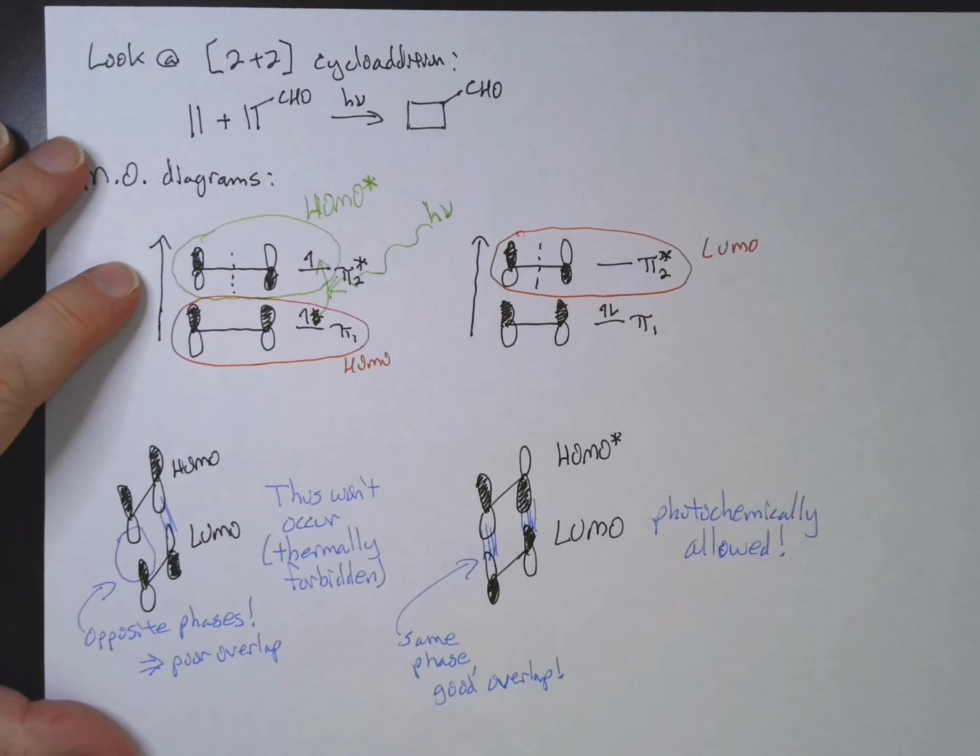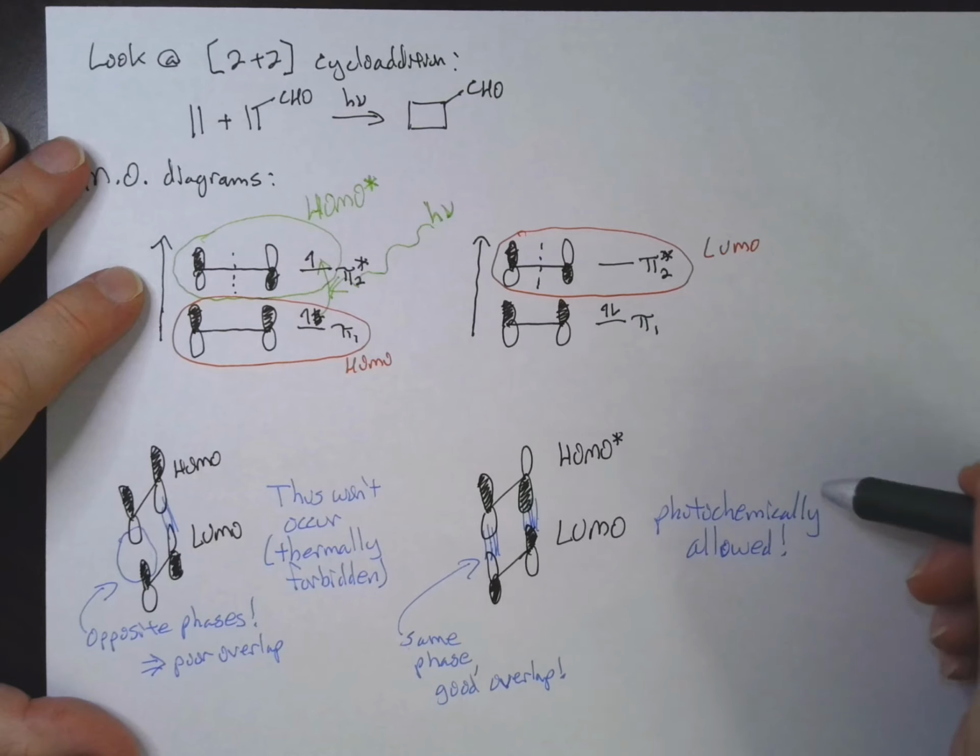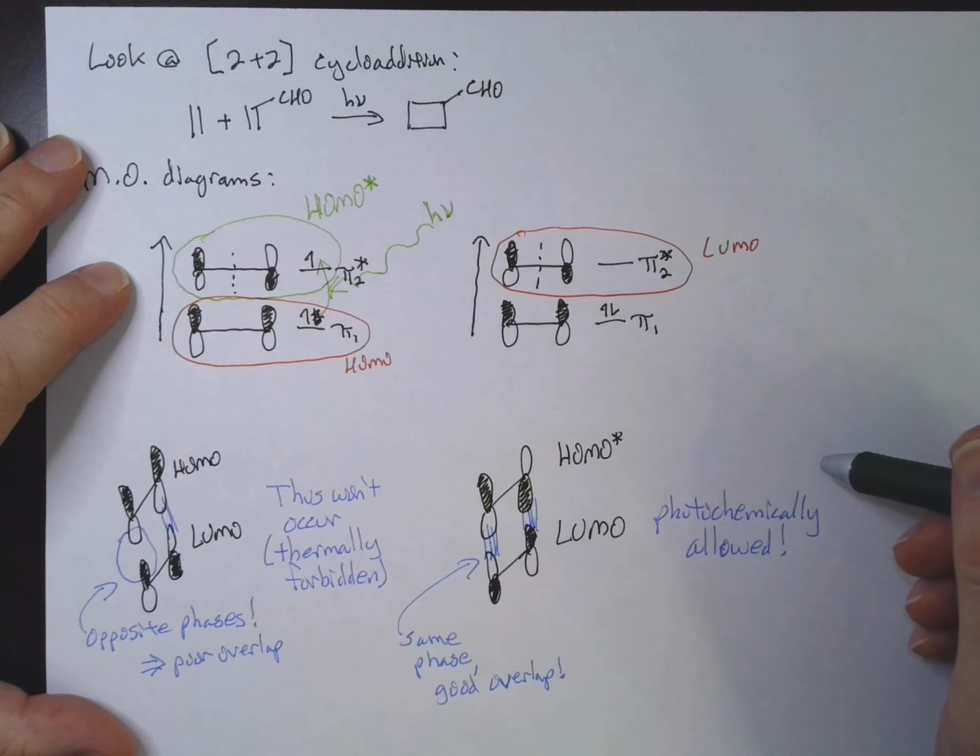So my 2+2 cycloaddition is photochemically allowed.